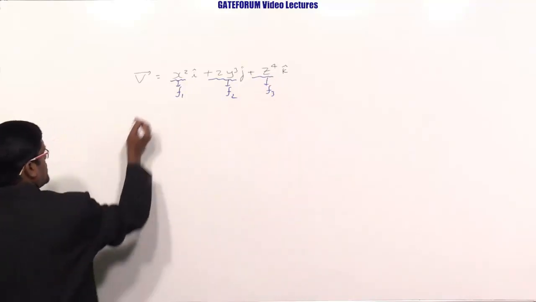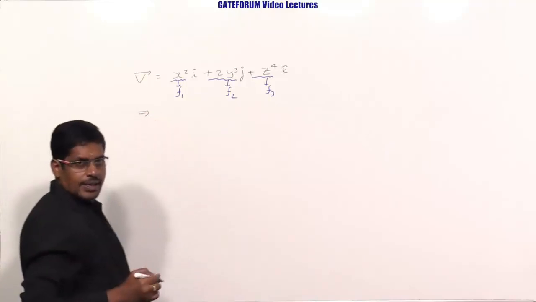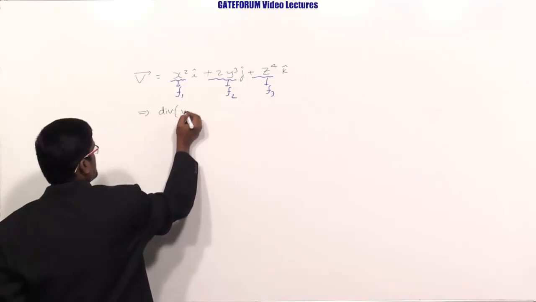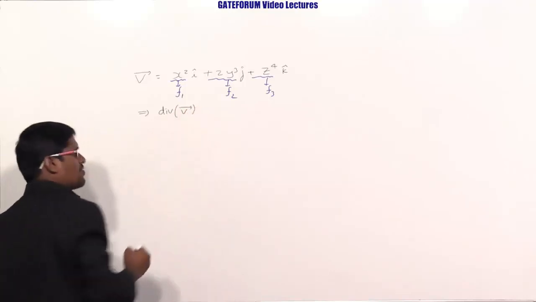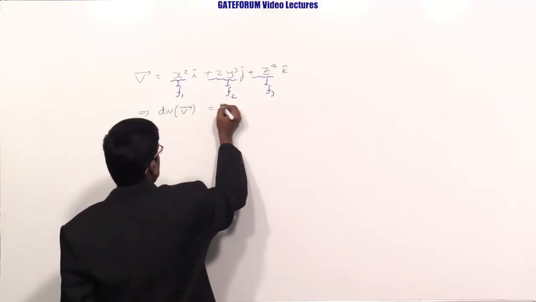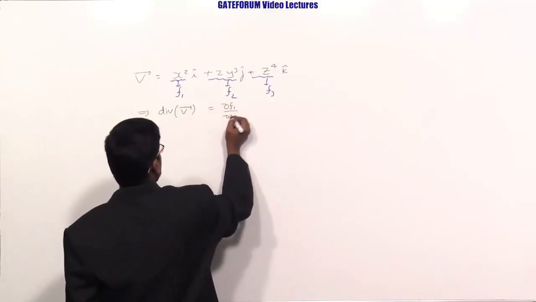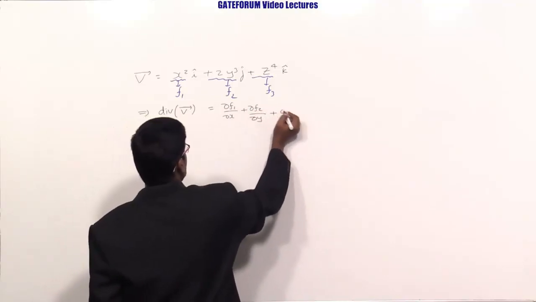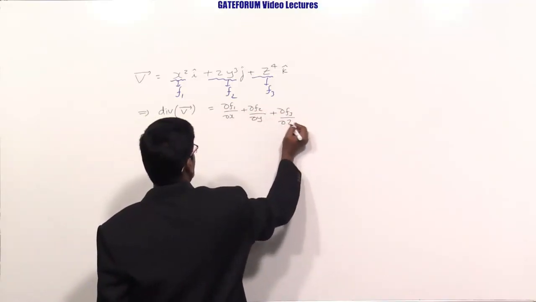Divergence of the vector field is denoted by div V bar, which is equal to dou f1 by dou x plus dou f2 by dou y plus dou f3 by dou z.